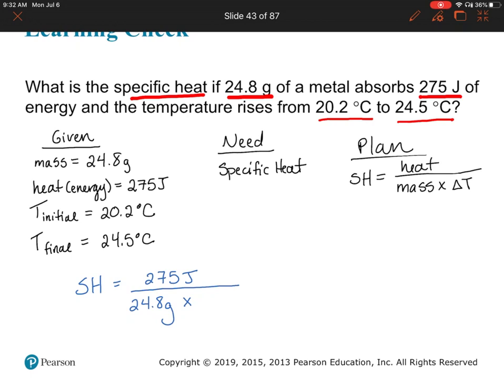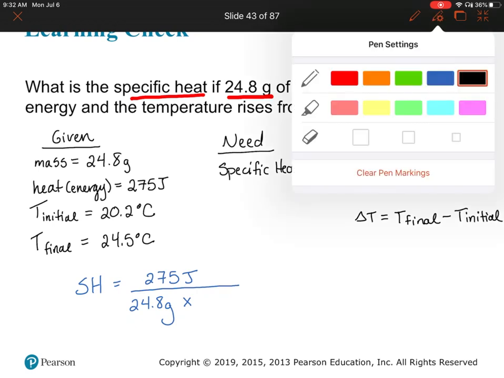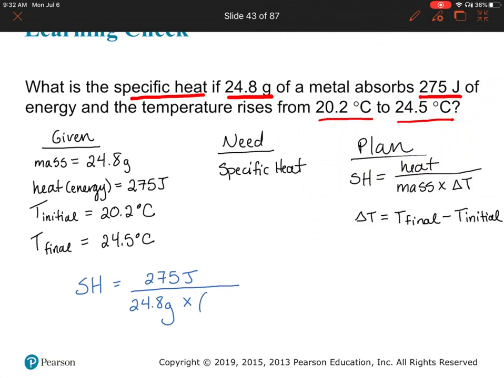So the change in temperature is equal to T final minus T initial. All right, so we'll plug in our T final, which is 24.5 degrees Celsius, and we'll subtract our initial temperature, which is 20.2 degrees Celsius.